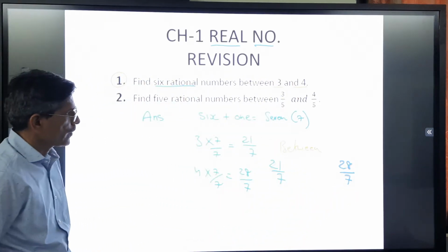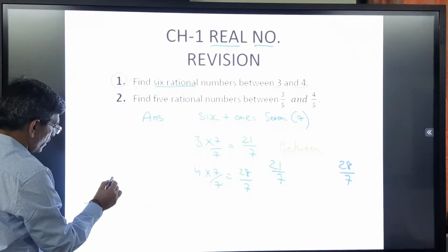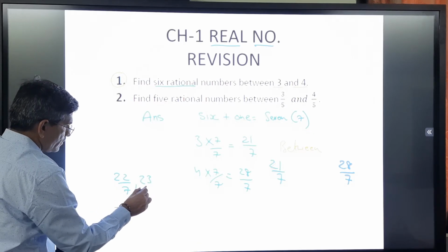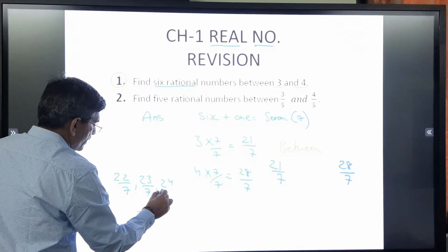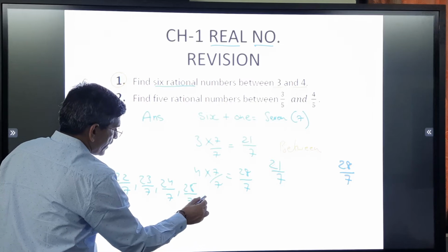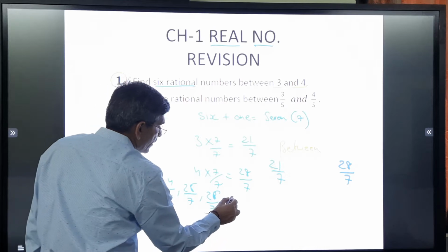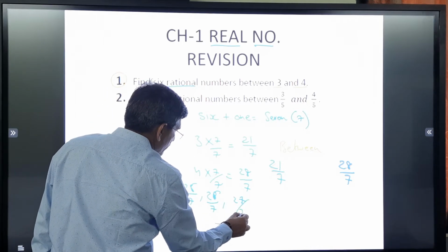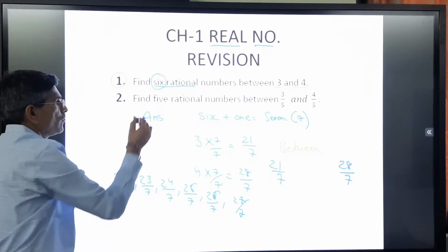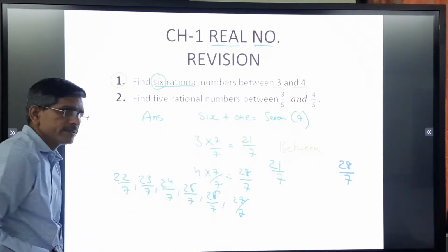If you see, from 21 to 28, these are all the numbers: 22 by 7, 23 by 7, 24 by 7, 25 by 7, 26 by 7 and 27 by 7. How many numbers do we have to find out? 6 numbers. So 1, 2, 3, 4, 5 and 6.